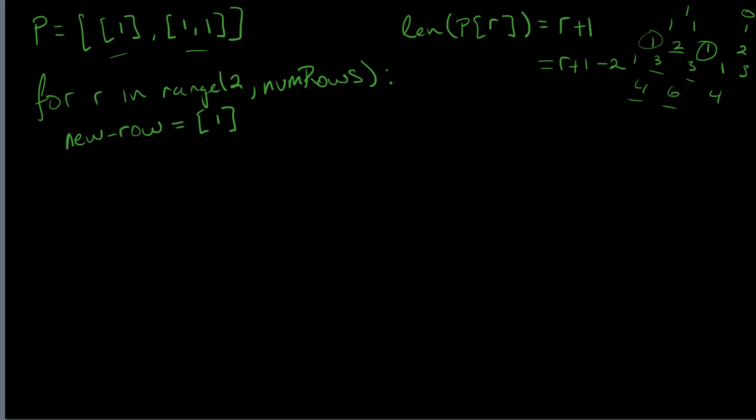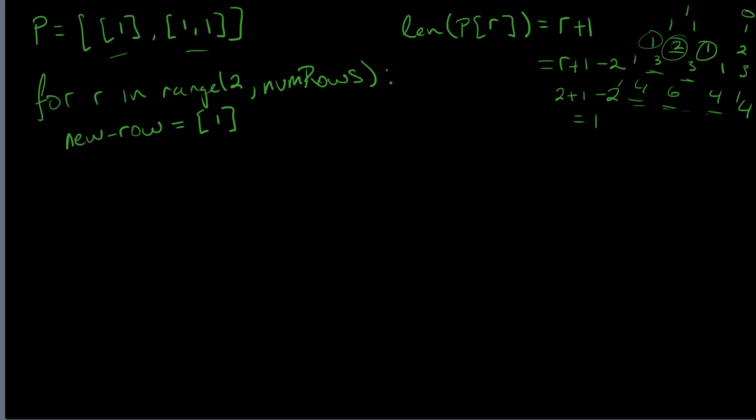Let's just do it formally. 2 plus 1 is 3, minus 2 is 1, and there's only one element here that we're actually calculating. As R goes up by 1 each time, this will then be 1 for this row, 2 for here, 3 for here. So this holds. Let's add our ones here.